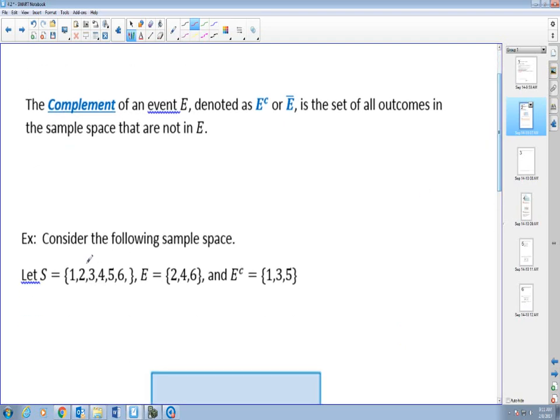So my example here says, let's think about a sample space of numbers 1 through 6. If my event E is referring to 2, 4, and 6, then what is not in that event E will be called E complement, which is the other numbers in the sample space: 1, 3, and 5.